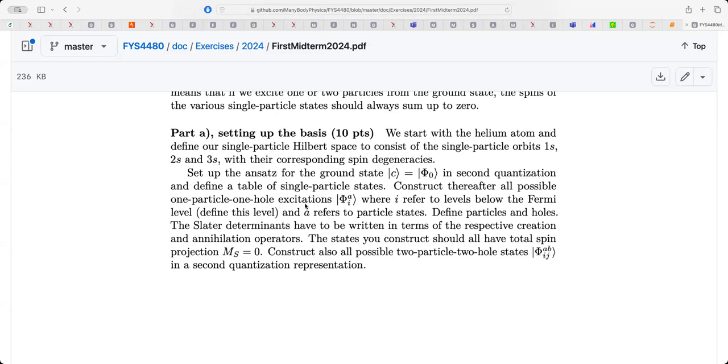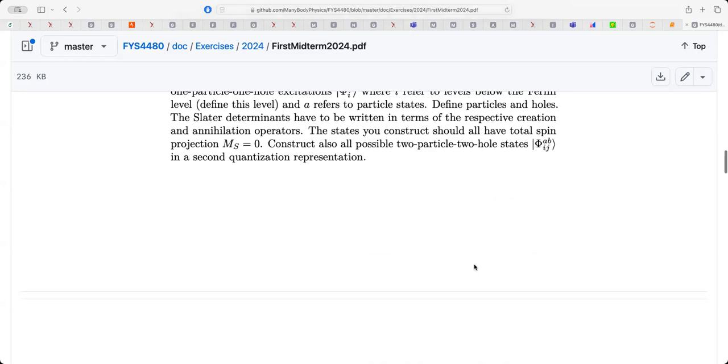This is just setting up the input, the way you define the system. So this is just bookkeeping. You define particles and holes, you define the Slater determinants, and then you also construct all possible 2 particle, 2 hole states and 1 particle, 1 hole states in second quantization, which you can make in this space. So this is just a simple warm-up exercise.